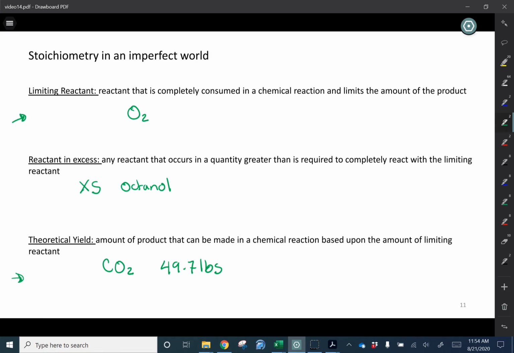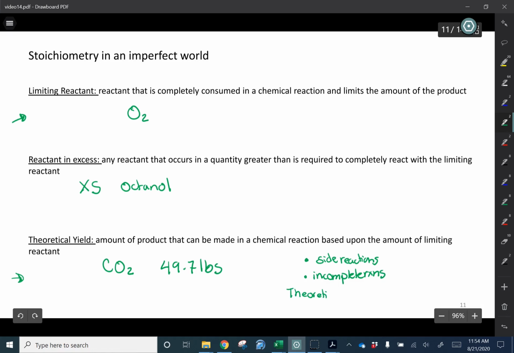In general, the theoretical yield isn't the actual yield that we get out of reactions, because usually there are things called side reactions and incomplete reactions that make our theoretical yield not the same as our actual.